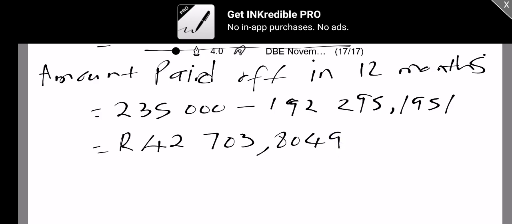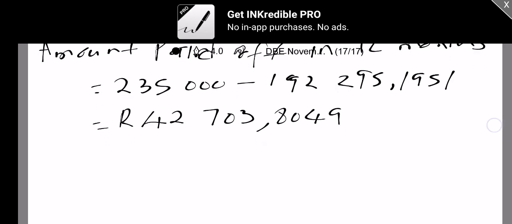Again, I'm not going to round this off to 2 decimal places, because we are not yet done.